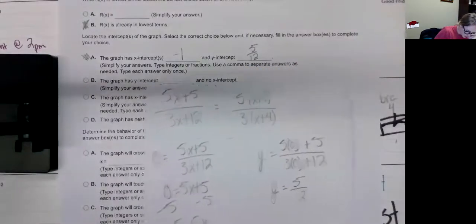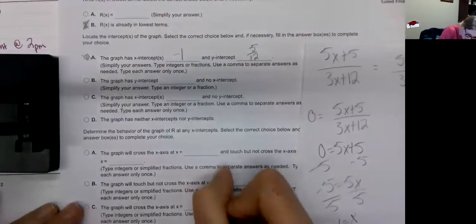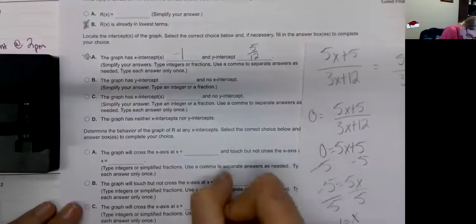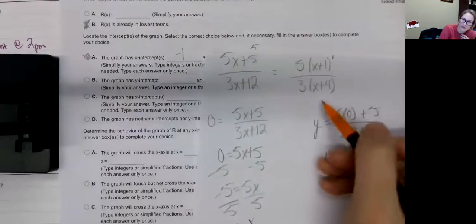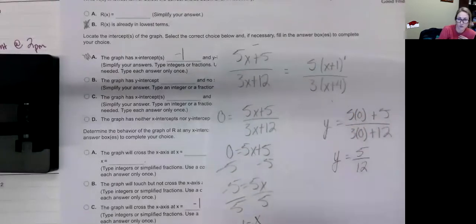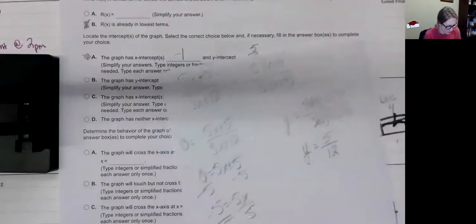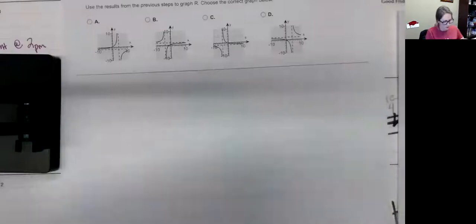So since the multiplicity is 1, we're going to cross. The graph will cross at x equals -1. And we don't worry about this -4, because x cannot equal -4, as you remember in the domain. We will need that value later for when we're doing those intervals, but not yet.